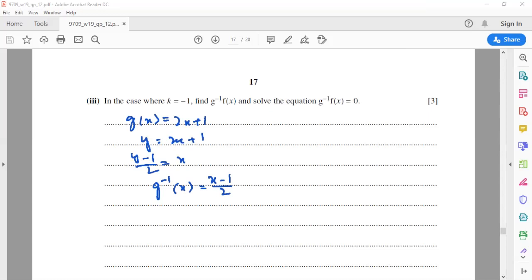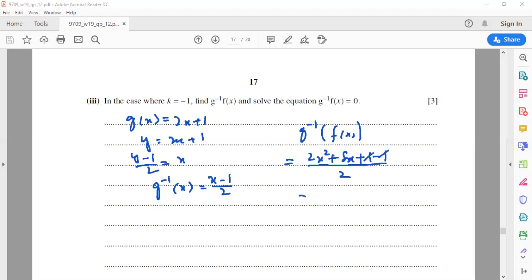Now we are looking for g inverse f of x. The value of f of x given to us is 2x square plus 8x plus 1, so we place it over here: 2x square plus 8x plus 1, and then this minus 1 divided by 2.